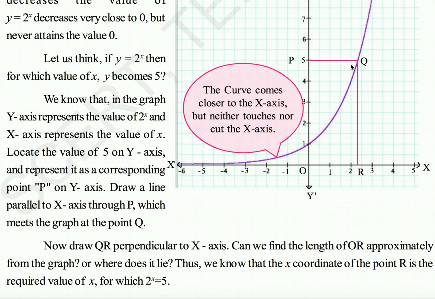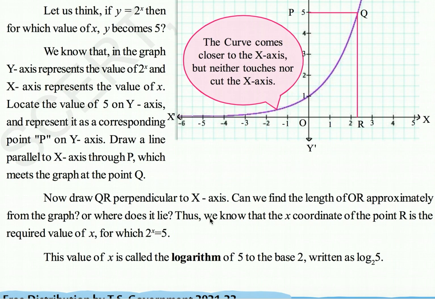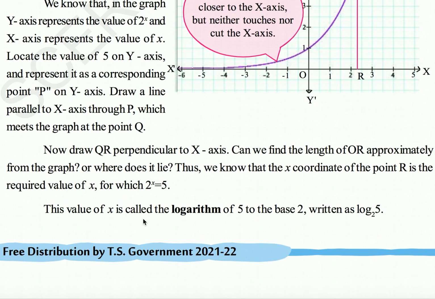Draw a line parallel to the x-axis, which meets the graph at point Q. Now draw a perpendicular from Q towards the x-axis, and it meets the x-axis at a point R, where QR is perpendicular to the x-axis. Can we find the length OR? Yes, we can find the length OR approximately from the graph. Where does it lie? Thus we know the x coordinate of the point R is the required value of x for which 2 power x equal to 5. This value of x is called the logarithm of 5 to the base 2.